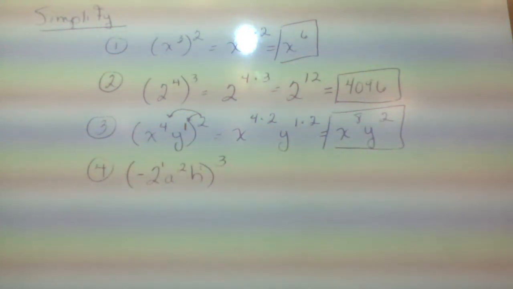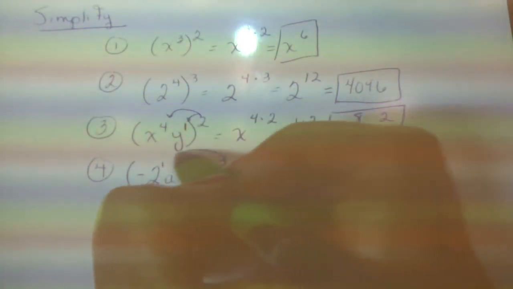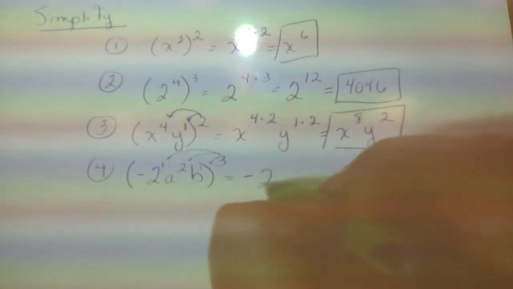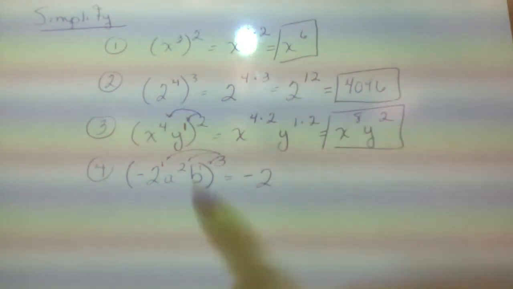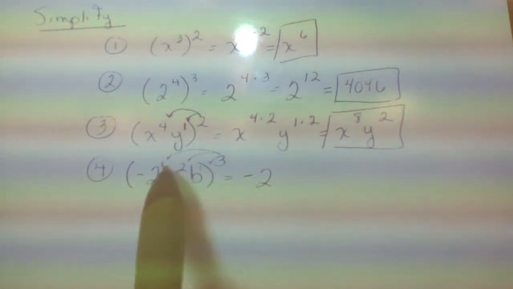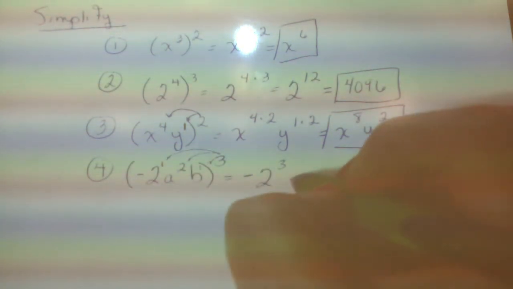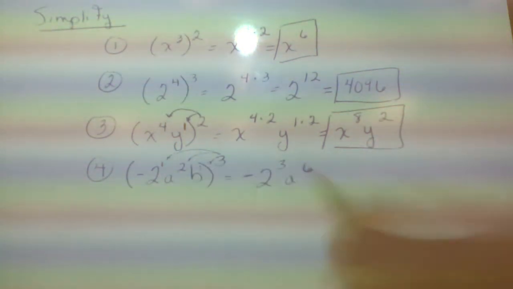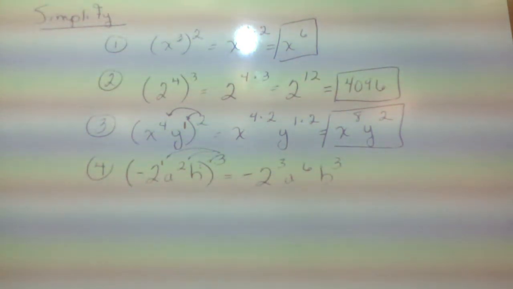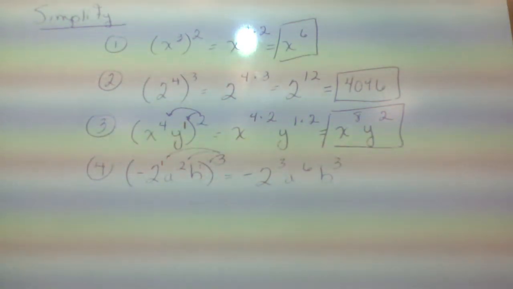Now I'm going to take that exponent that's on the outside and multiply to each exponent on the inside. So this becomes -2. I'm going to stop writing this piece. I'm just going to do the multiplication. So 3 times 1, that's giving us 3. 3 times 2, that's giving us 6. 3 times 1, that's giving us 3. So I've got -2 to the 3rd power, a to the 6th power, and b cubed.